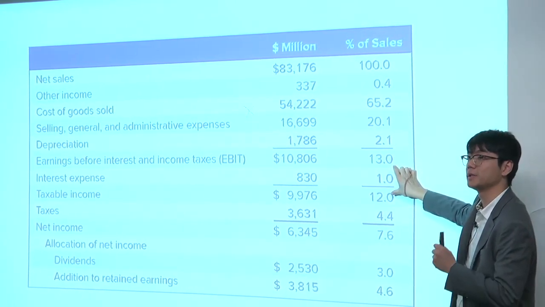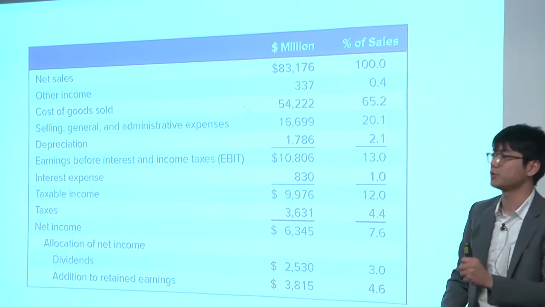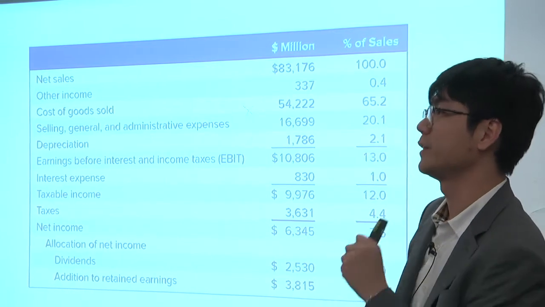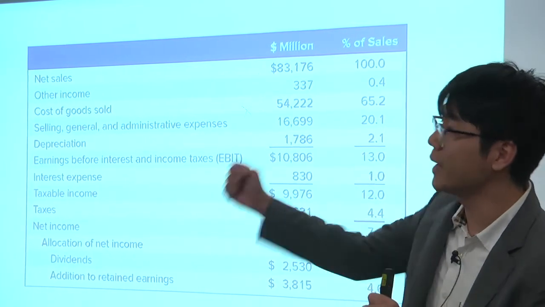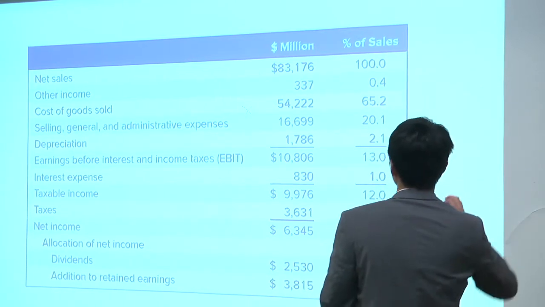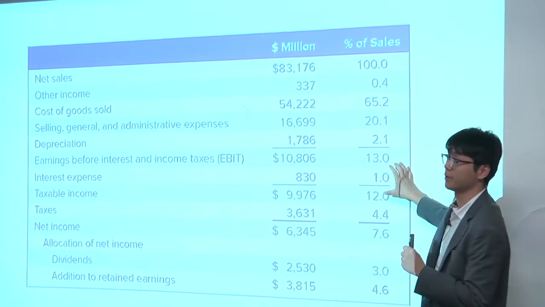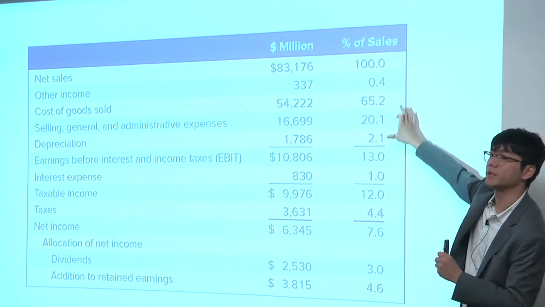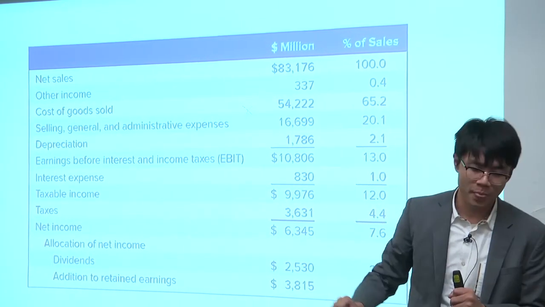Because interest expense is what you pay on your borrowings, on your debt. You borrow money, you pay interest. That part of the money is not associated with your real operations, but is associated with your financing. So the two parts serve different purposes.